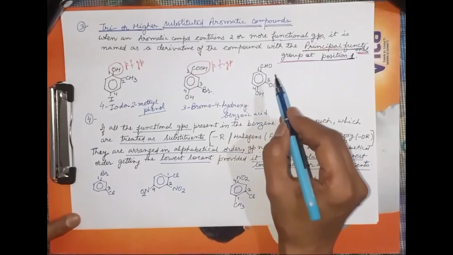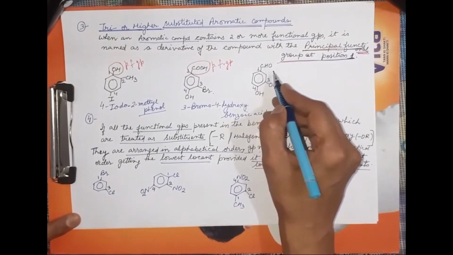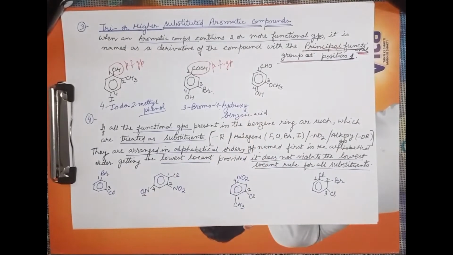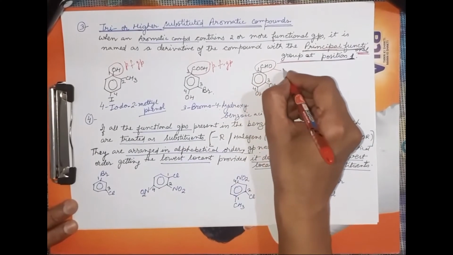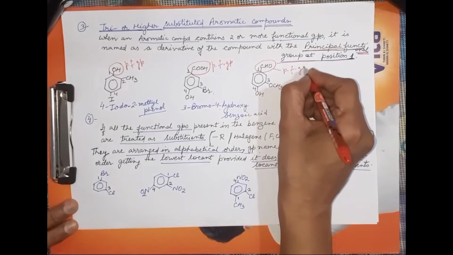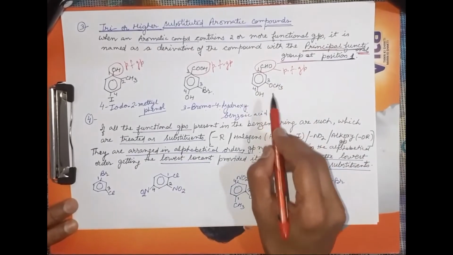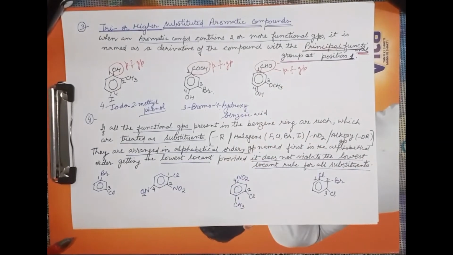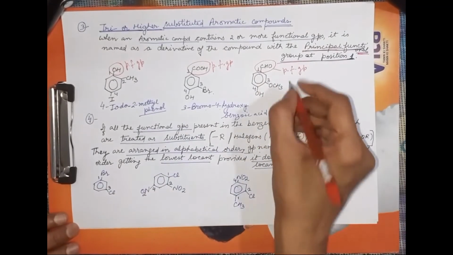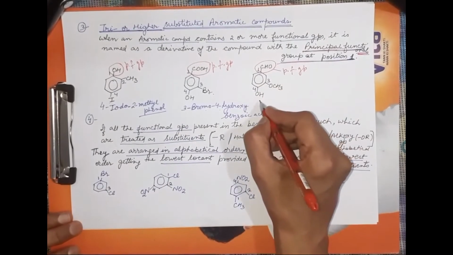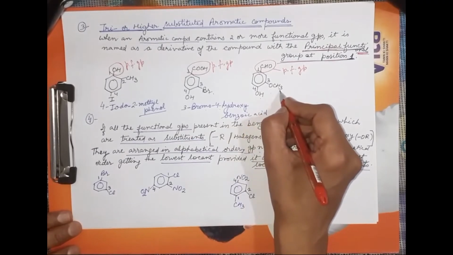So in this example, again CH2, OCH3, OH. All three groups are there. So here CH2 will be the principal functional group and both these will be the substituents. So numbering will be 1, 2, 3, 4. So the name will be, this is the hydroxy, this is the methoxy group.